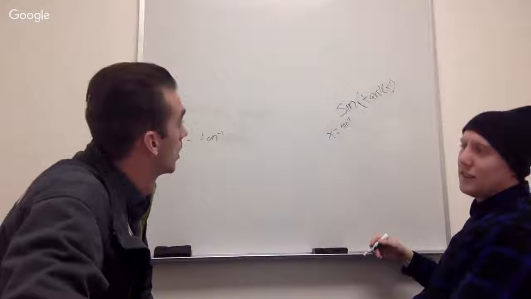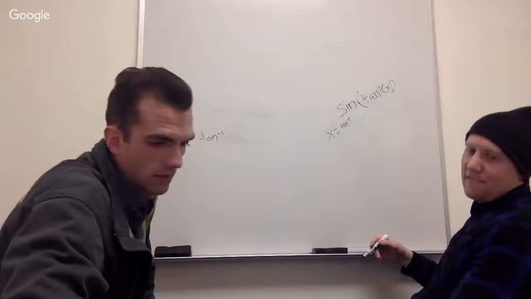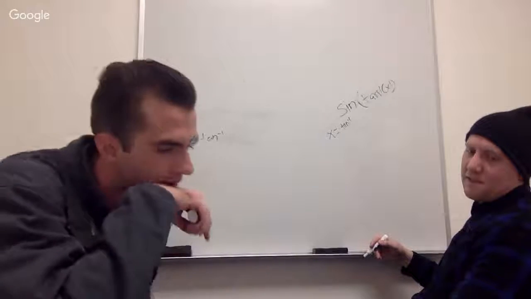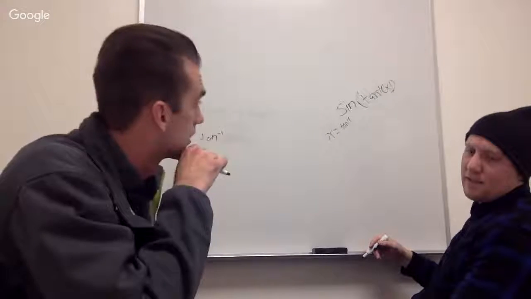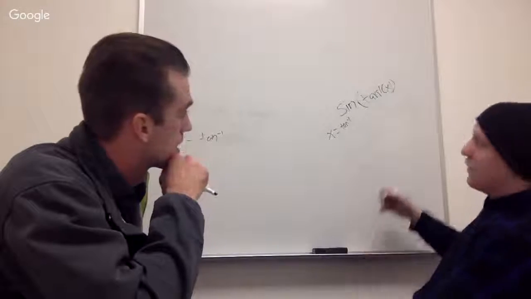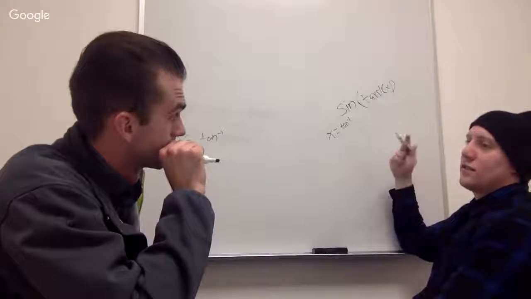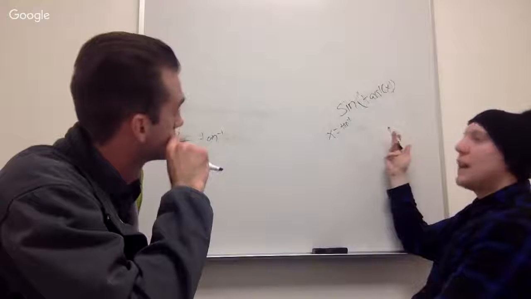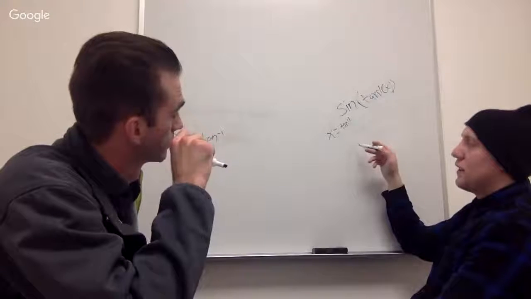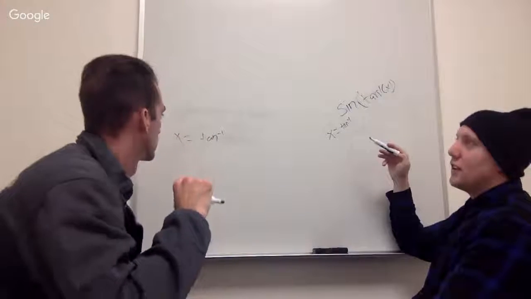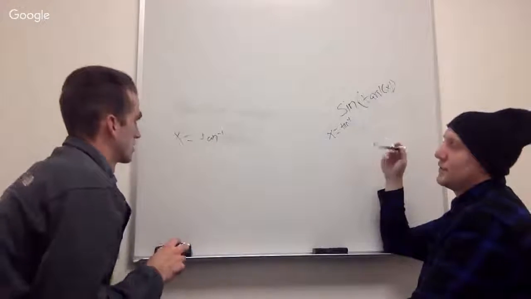We don't have one of that. Okay. Because tangent, I guess we might throw it, because tangent is sine over cosine. We could do that. We could put sine over cosine, because then we could get rid of it and make it. We can try it.